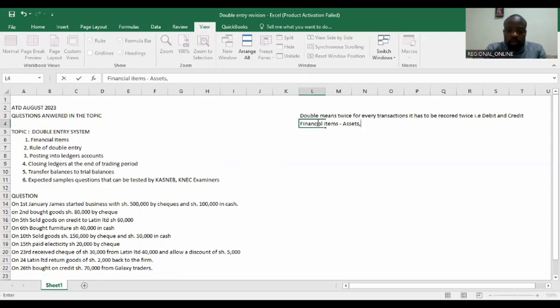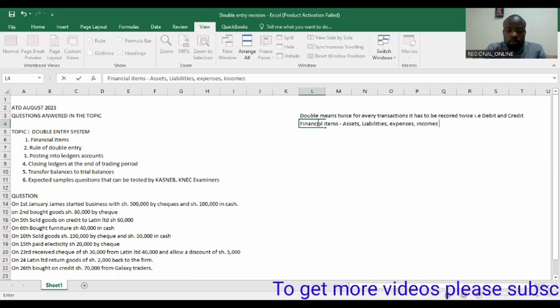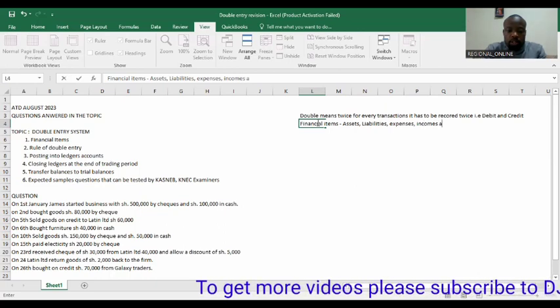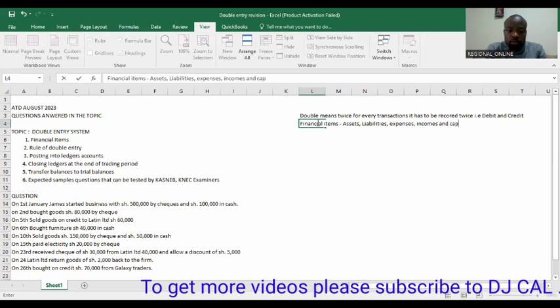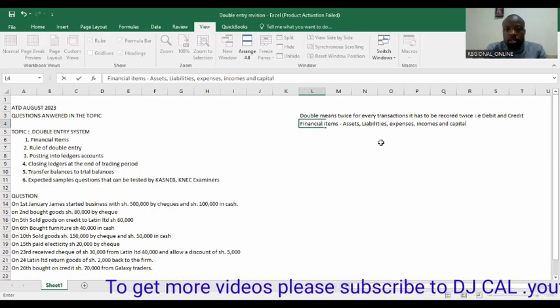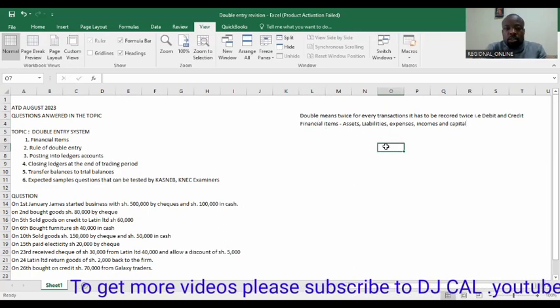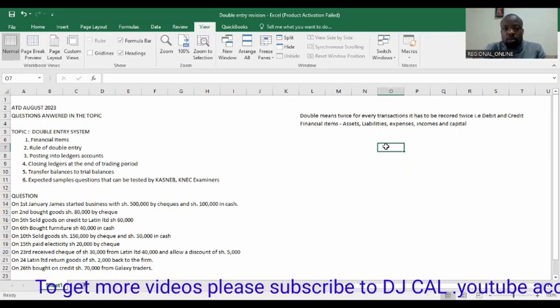We have the assets, we have liabilities, we have expenses, we have incomes, and finally, we have capital. Those are the financial items that are always recorded, because those are the transactions for the business.